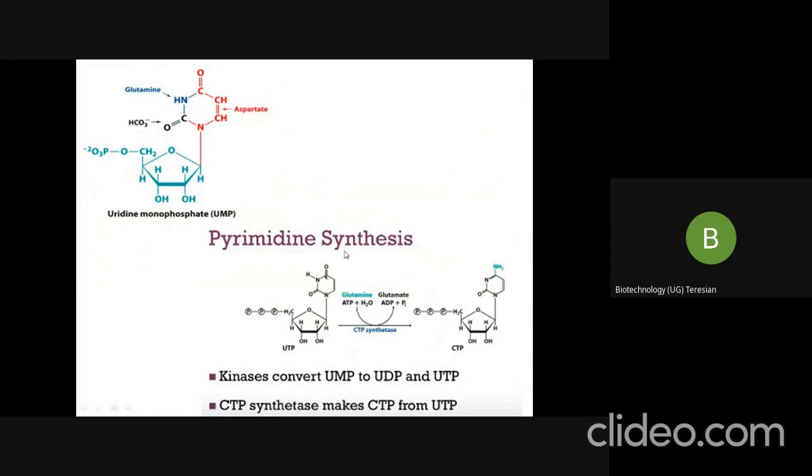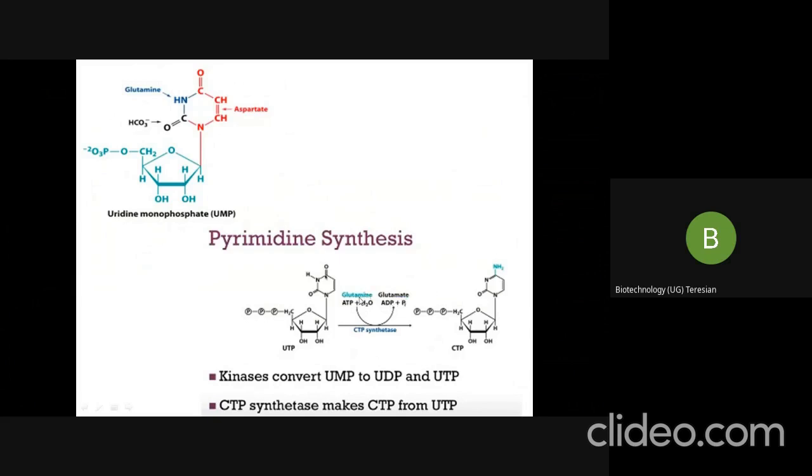And here you can see a process wherein your uridine triphosphate is converted into cytosine triphosphate. So you can see that the UTP in the presence of the enzyme CTP synthase or synthetase gets converted into CTP, wherein it utilizes the amino acid glutamine and gets converted into glutamate.